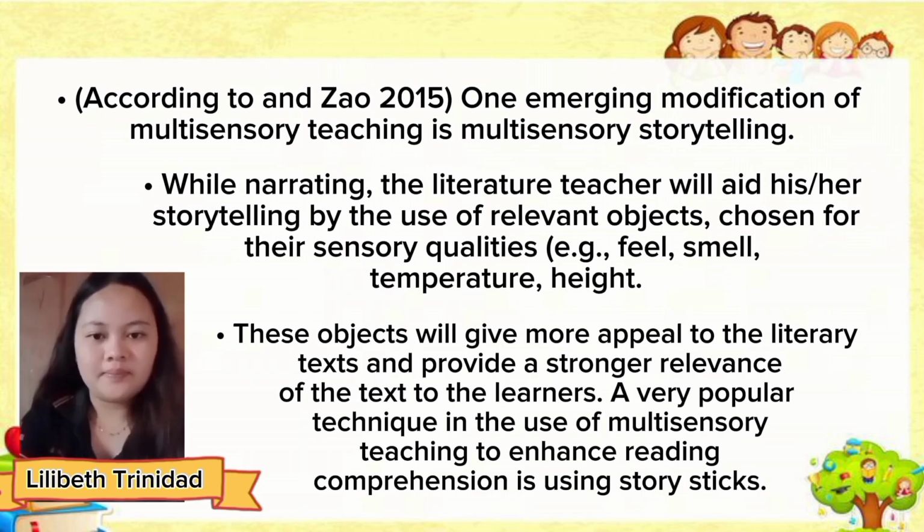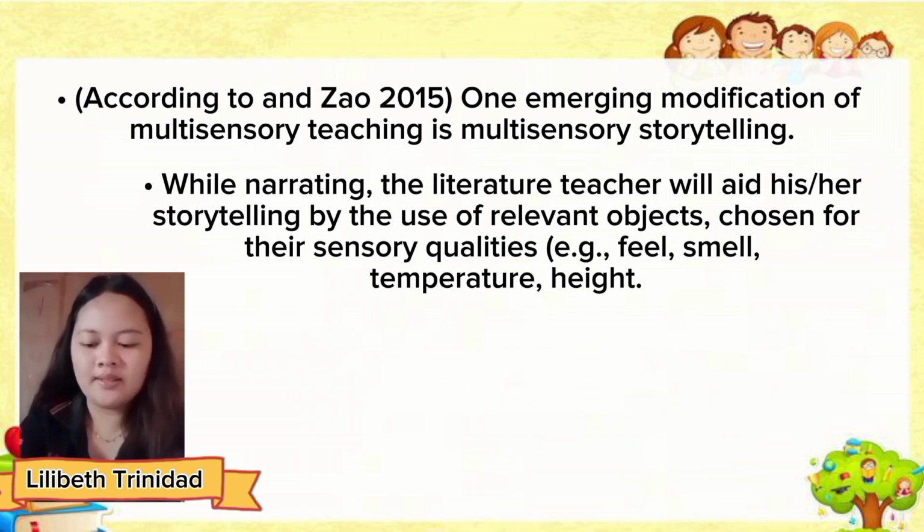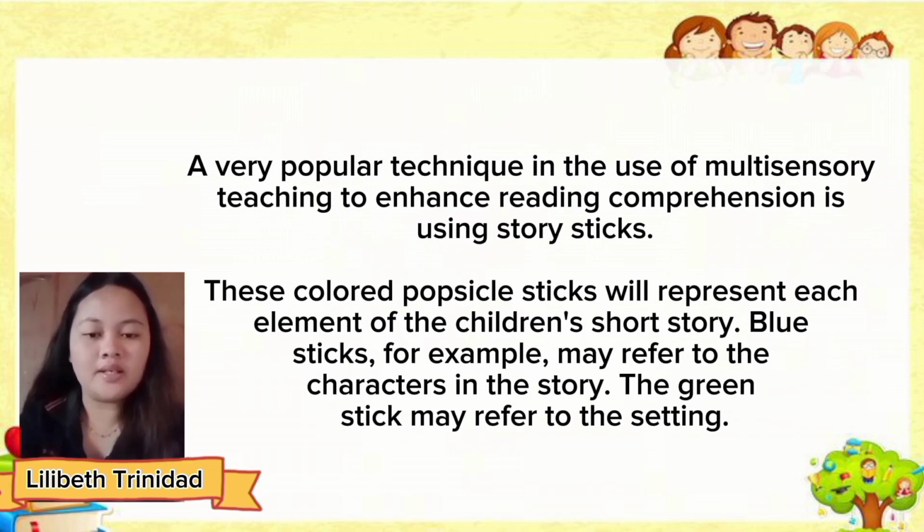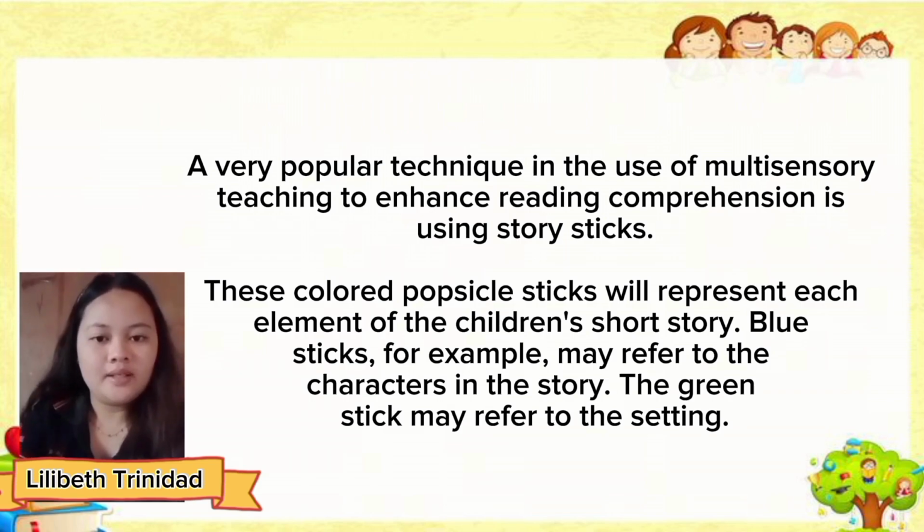in our surroundings. So next, a very popular technique in the use of multisensory teaching to enhance reading comprehension is using story sticks. These colored pipe cleaner sticks will represent each element of the children's short story.